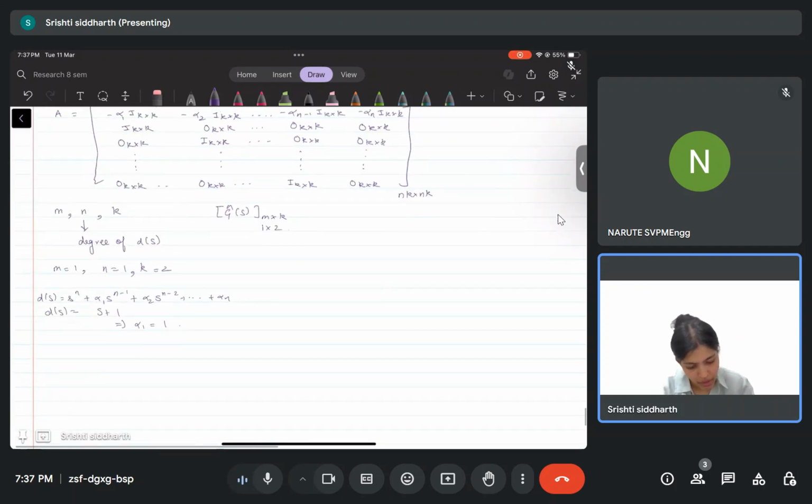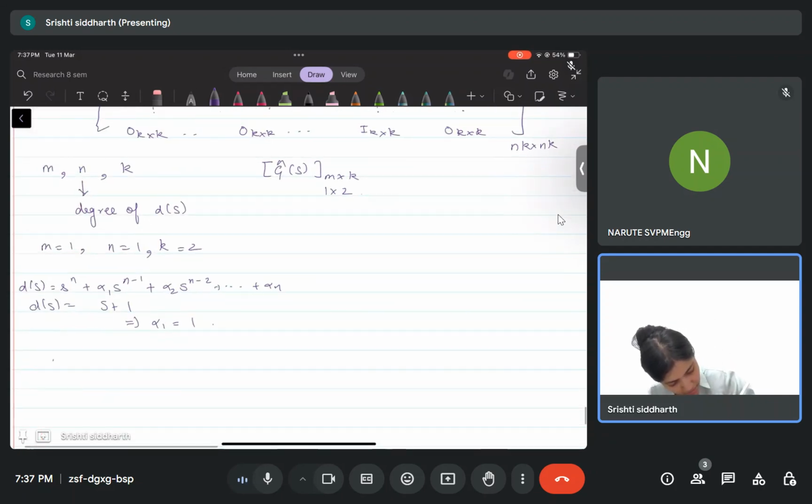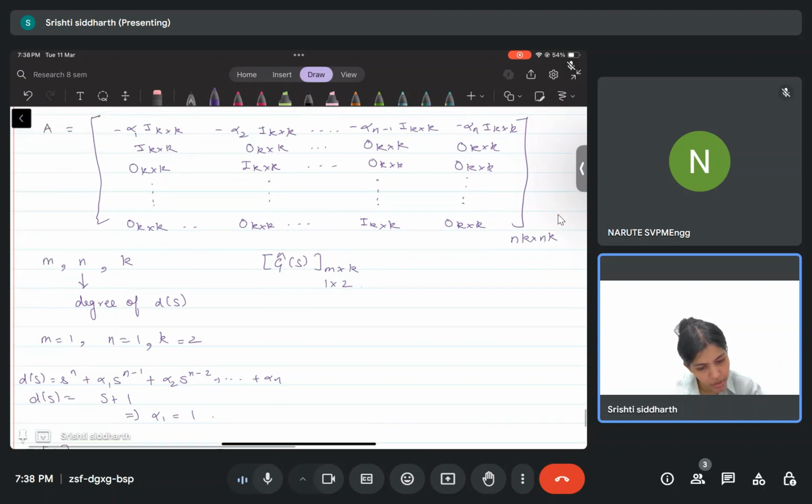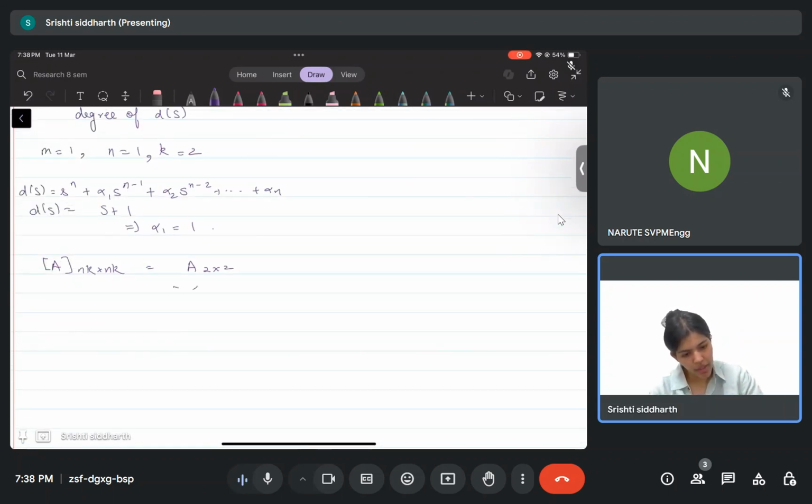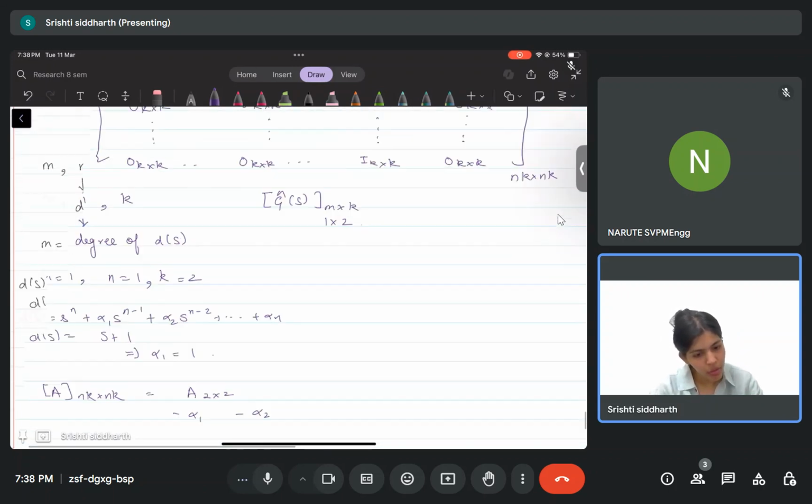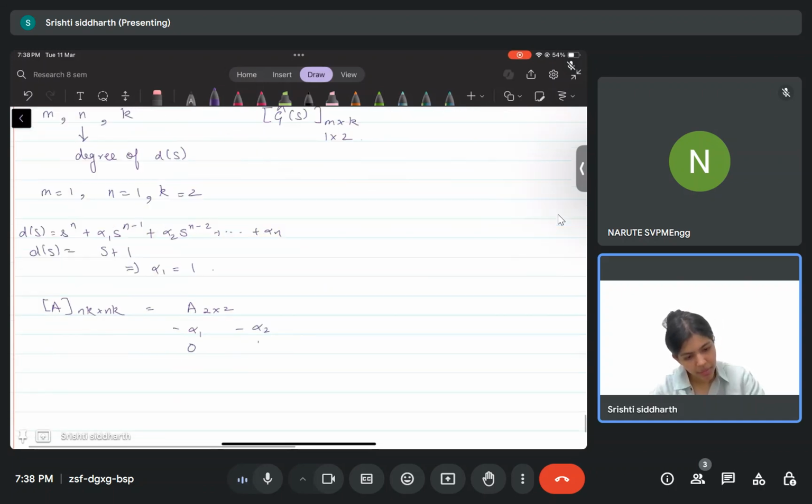Now we need a matrix A of size nk by nk. For our case, this is 2 by 2, and it is going to look like minus alpha 1, minus alpha 2, 0 and 1.